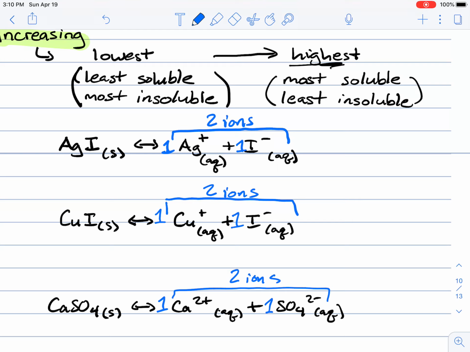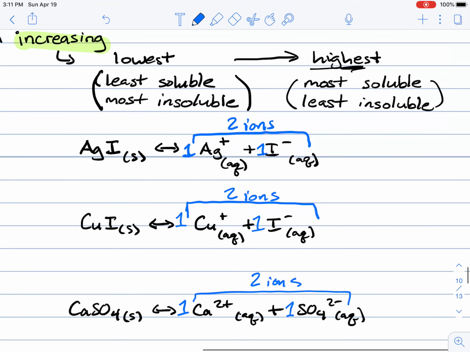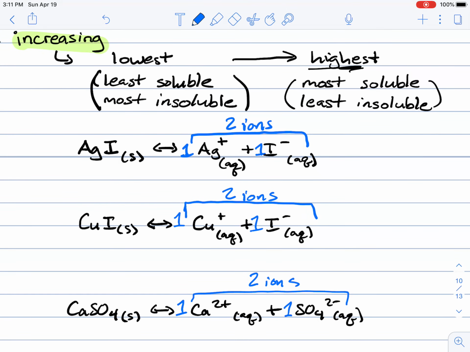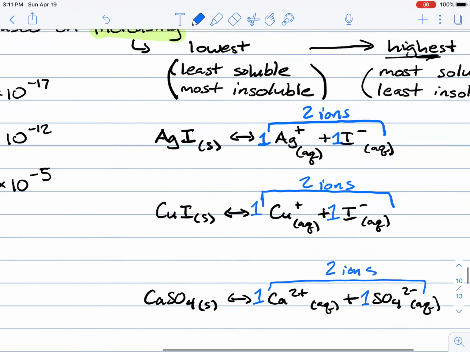And so it turns out that if you have the same number of ions being produced among the set of slightly soluble substances that you are comparing, then you can use the magnitude of the KSP to make an inference with respect to their molar solubility.